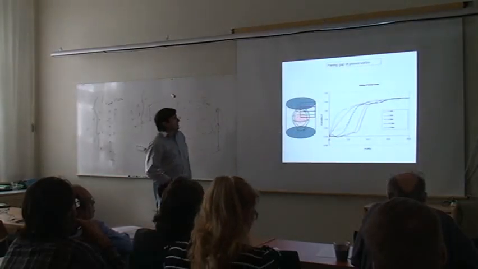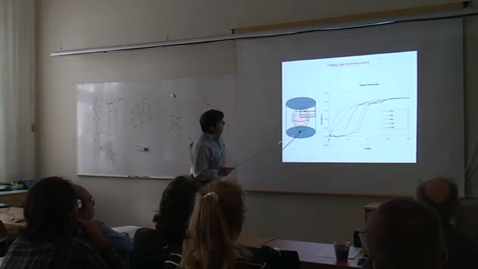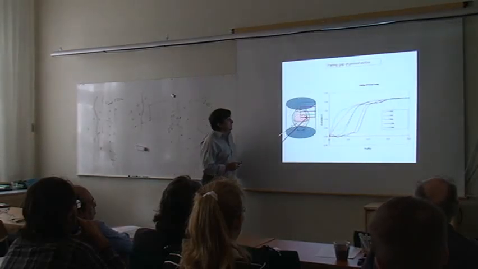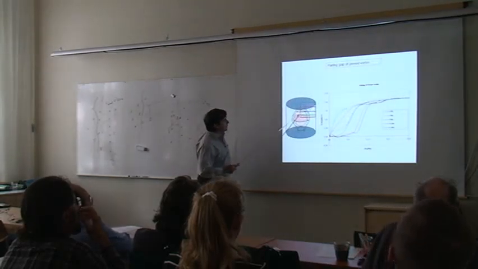We put the nucleus and we can look at the pairing gap as a function of the distance to the axis. And here it's clear that we have different situations.